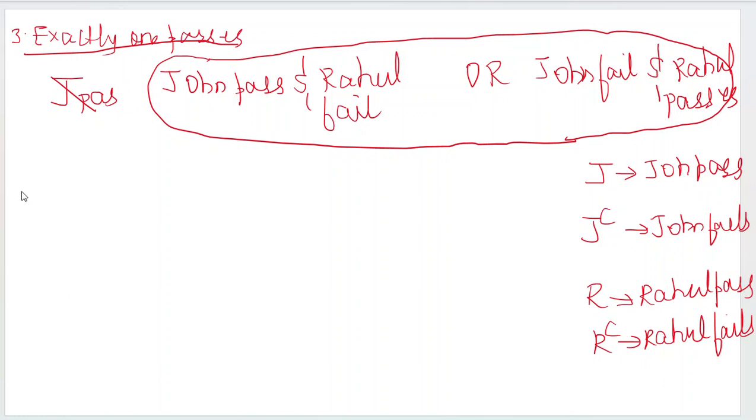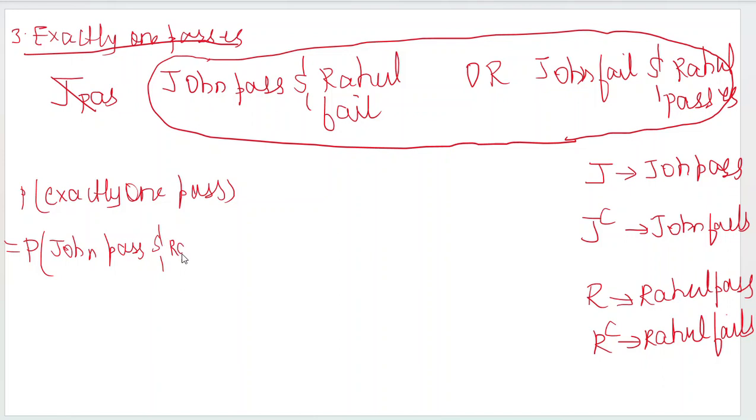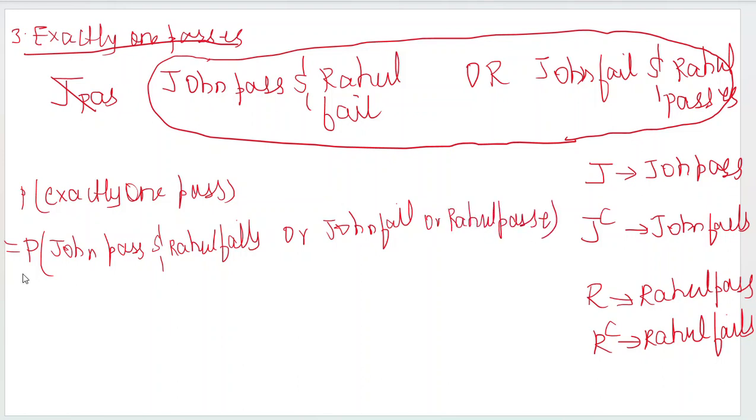So now we want the probability that exactly one passes. So we want the probability that John passes and Rahul fails, or John fails and Rahul passes.